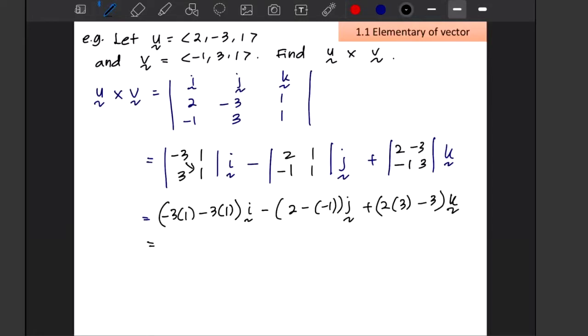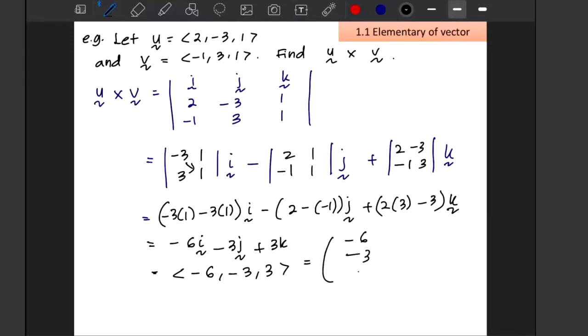To simplify, you will get negative 6I minus 3J plus 3K. Or you can write it like this: negative 6, negative 3, 3.